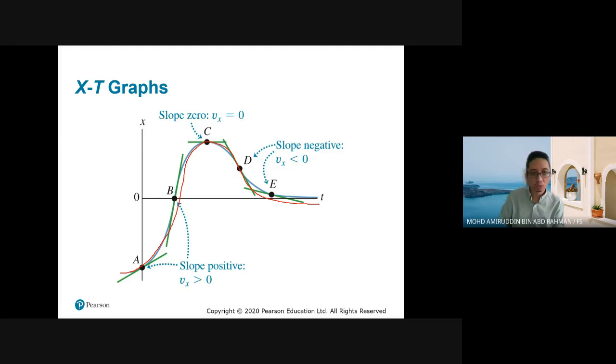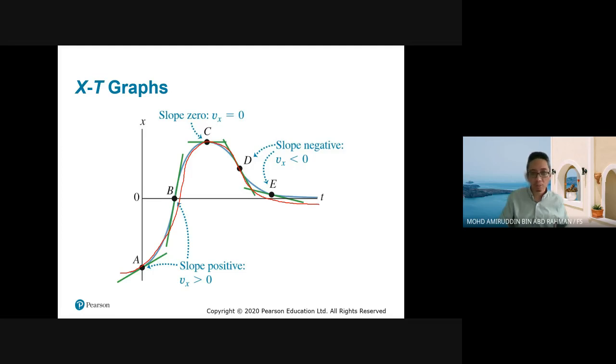Over here you can see that we are making the tangent at every point. So you can see that when the object is moving along the path, the instantaneous velocity can be positive, can be zero, and can even be negative.